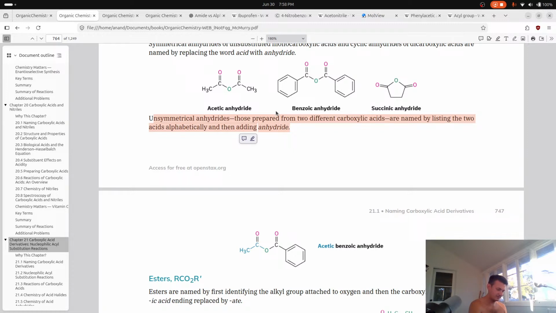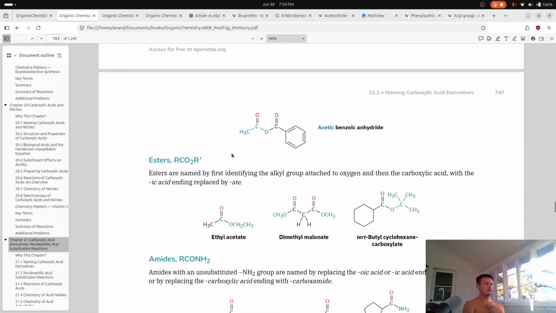We have acetic benzoic anhydride. That's pretty cool, actually.